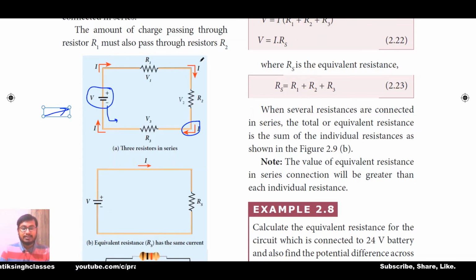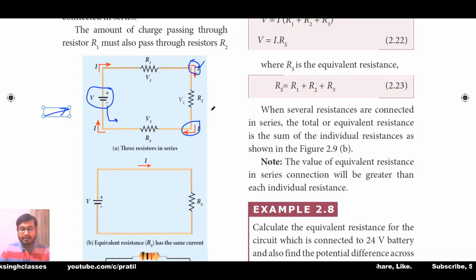But this red symbol shows the conventional direction of flow of current. So whatever amount of current is passing through R1, the same amount of current will pass through R2 and R3.